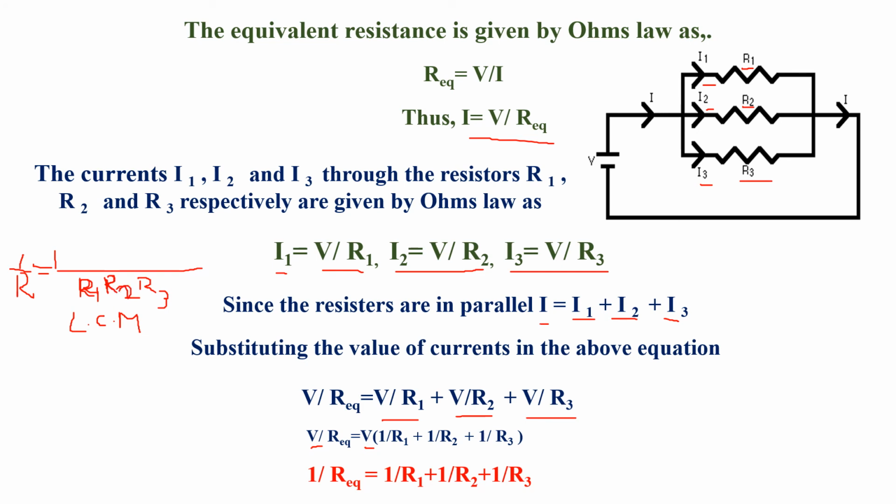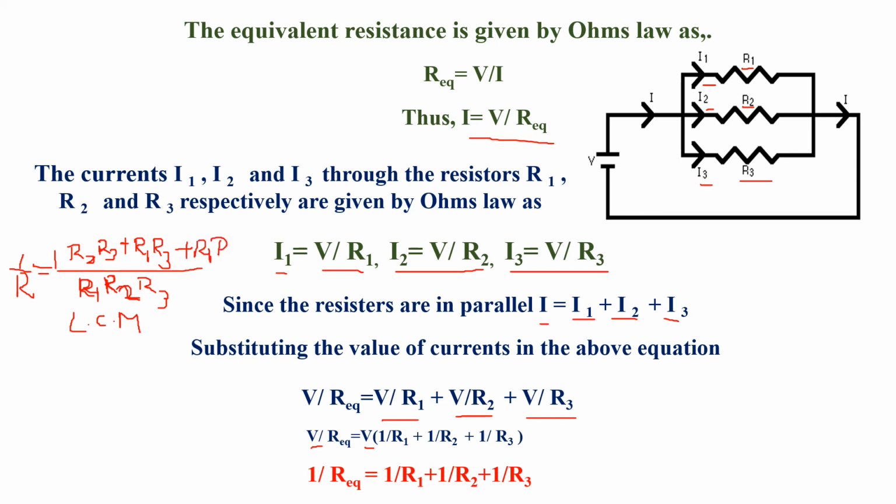When we are calculating this, if you close R1, it is R2 R3. Similarly, if you close R2, plus R1 R3. And if you close R3, it is R1 R2.